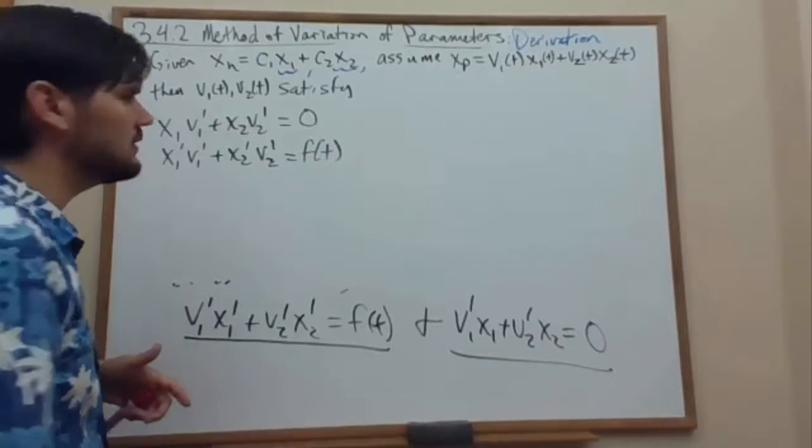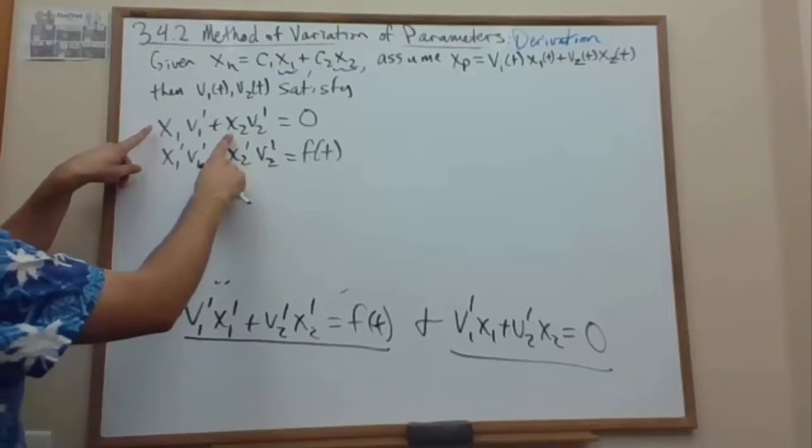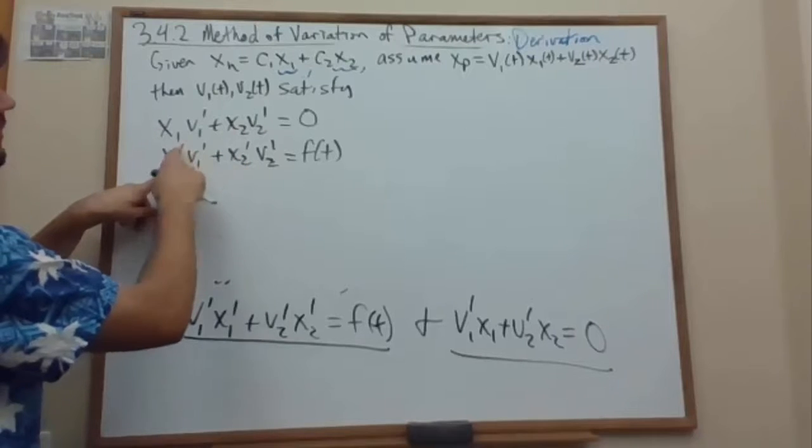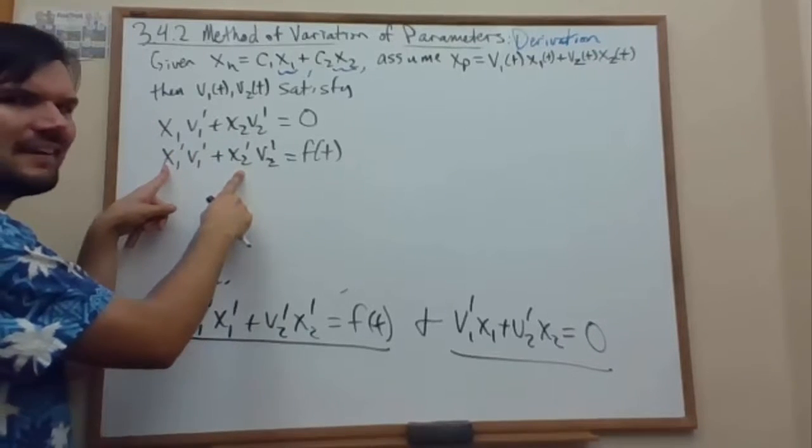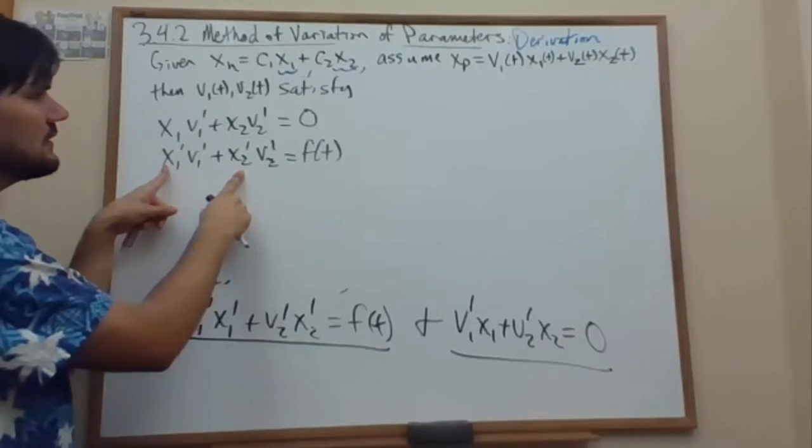Now, why do I write them in that order? Well, if you notice the pattern, there's x1 and x2 and x1 prime and x2 prime. That pattern forms our Wronskian.